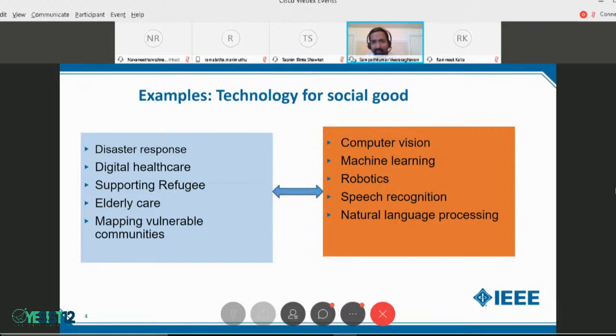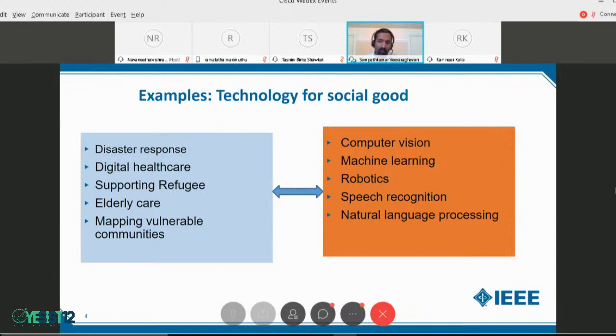Now again, these are some classical examples of technology for social good. That's the way it's been projected these days. On the left side, there are a lot of needs here, for example if there is an emergency disaster, you need some technology to track it, and on the right side you can see some of the hot topics in artificial intelligence, like computer vision, machine learning, and so on.